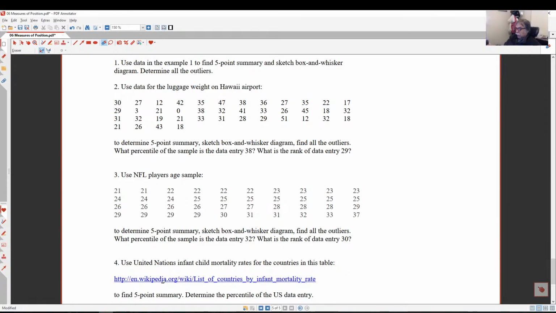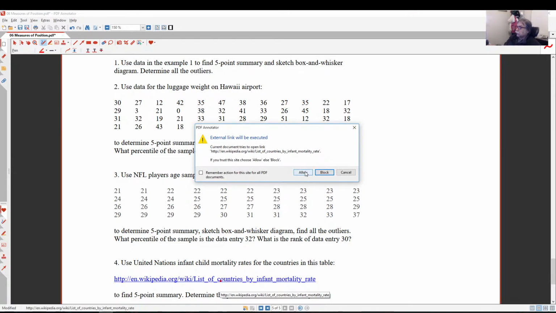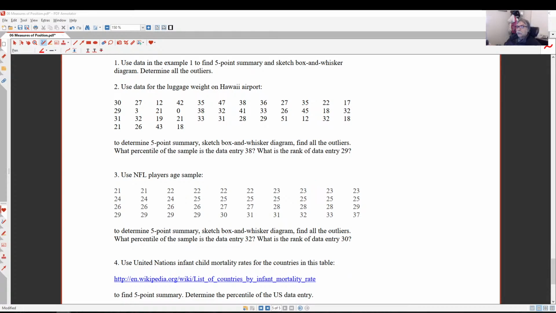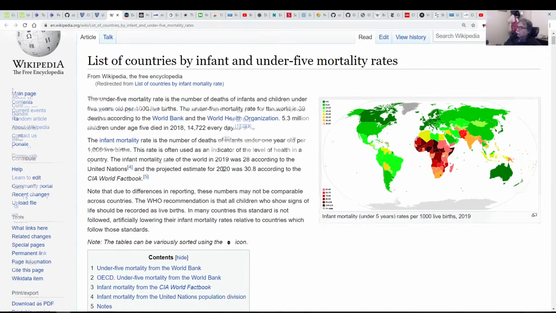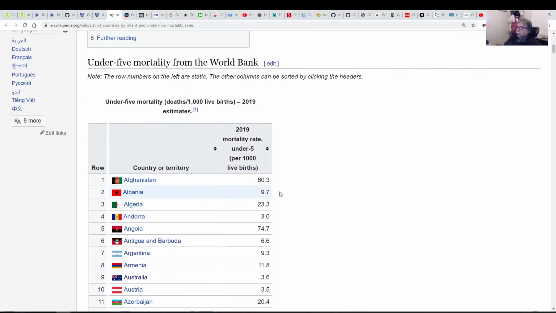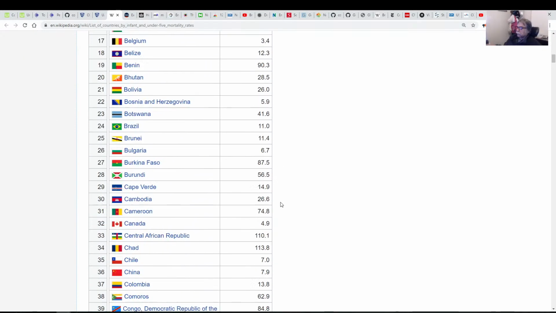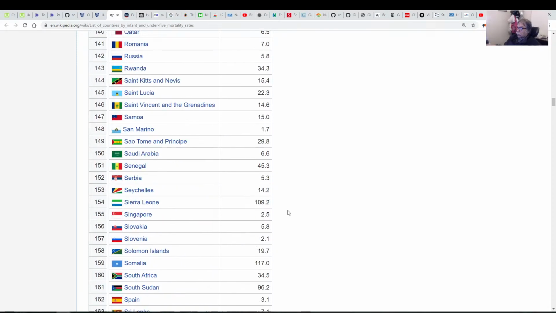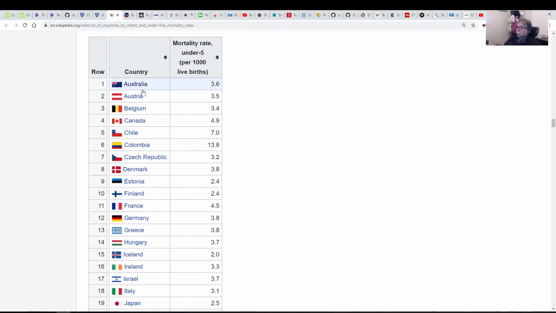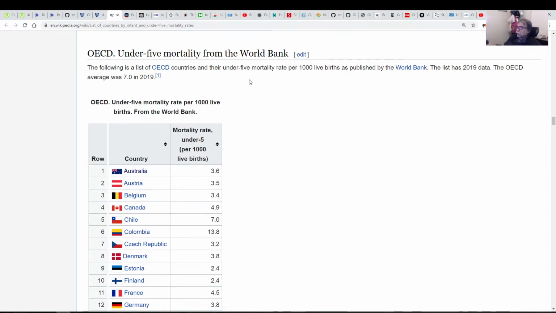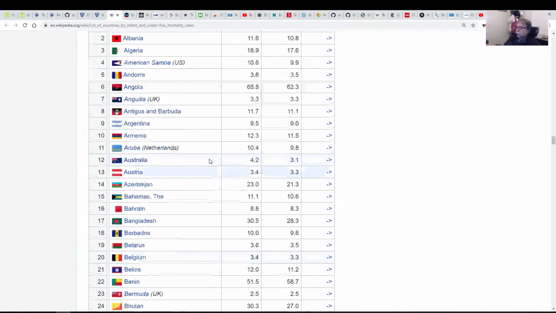In the list of countries by infant mortality rate, which is one of the measures of how good the healthcare system of a country is, and it's on Wikipedia, you can check it out, you get various data. The first one uses World Bank data, and it's sorted in alphabetic order, but not by numbers. Then you have another one by OECD and another one by CIA.